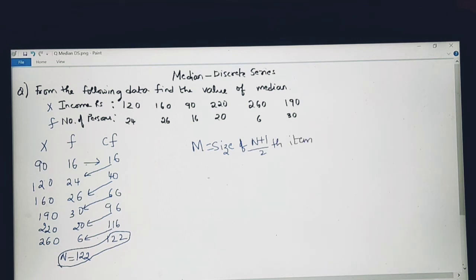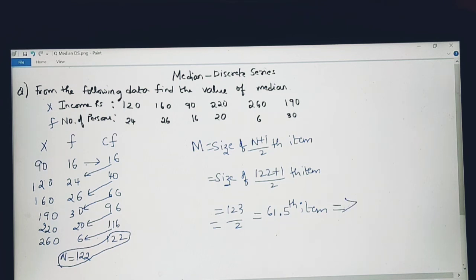Here n is 122, so I'll write 123 divided by 2, which gives me an answer of 61.5th item. Now you should locate a value which is either equal to 61.5 or more than 61.5. So either it should be equal or greater.